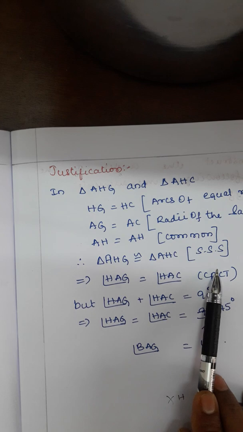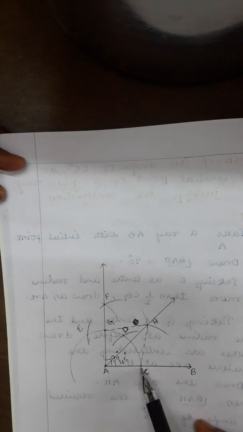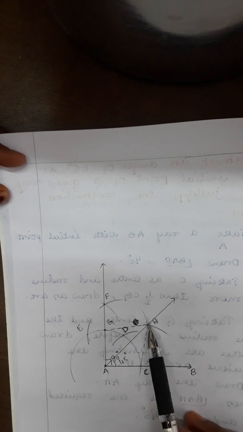So what does this imply? Angle HAG is equal to angle HAC, since the two triangles are congruent, by CPCT. But angle HAG plus angle HAC is equal to the overall angle we have drawn, which is 90 degrees.